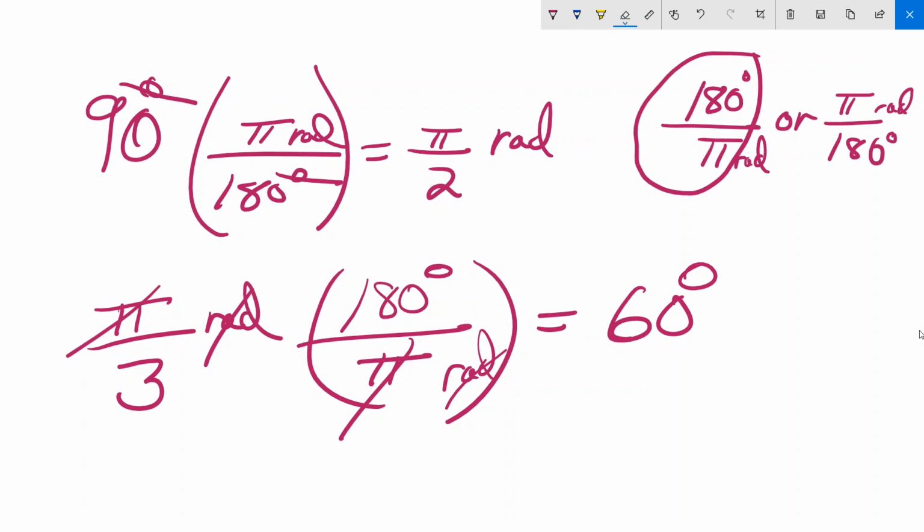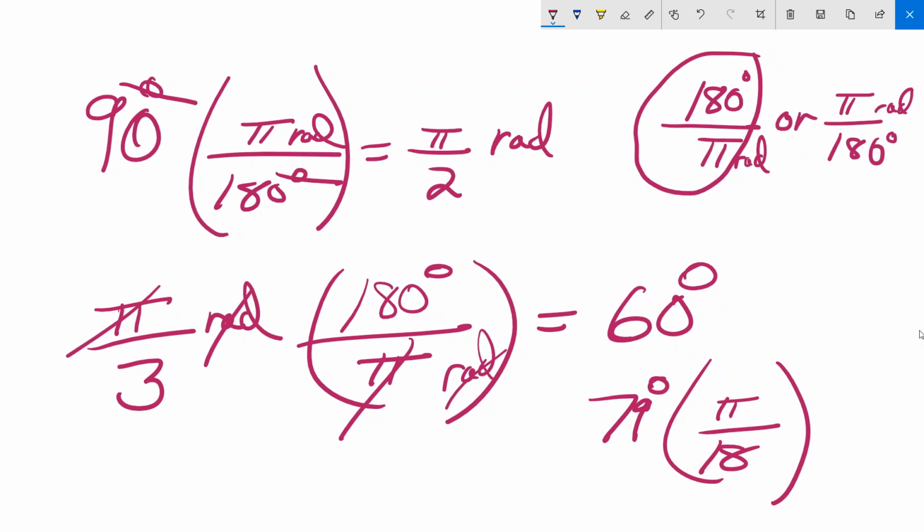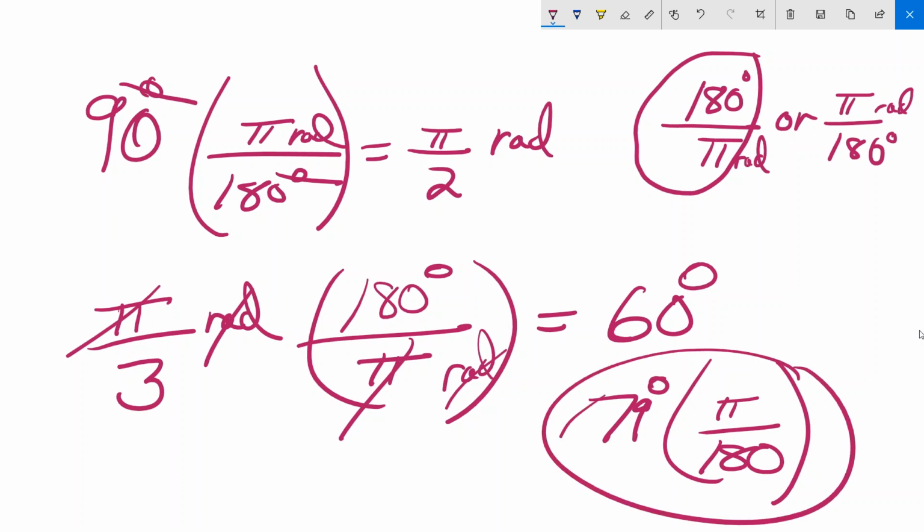If I said, what is 79 degrees, how do you do that? You can do that in your calculator. Just put 79 times pi divided by 180. That will give you a number that is the radian measurement.